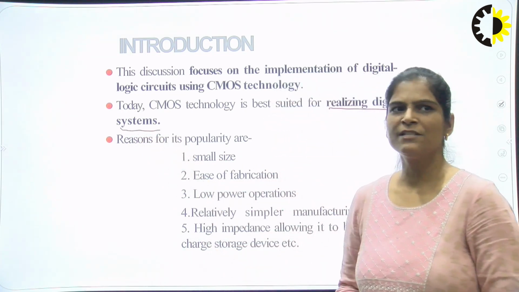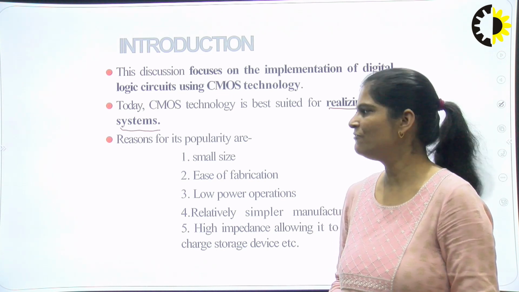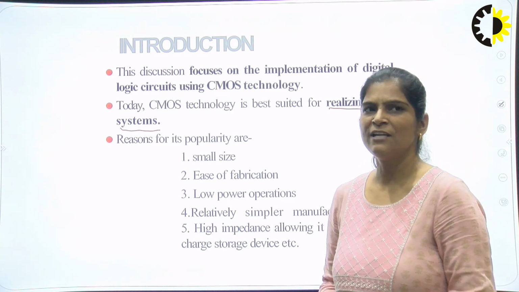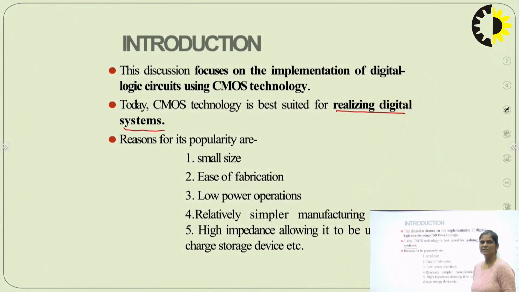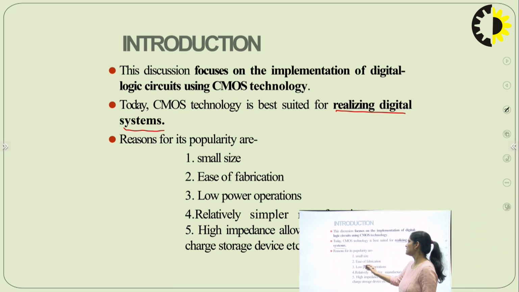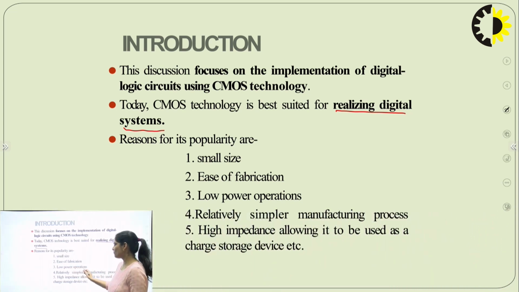The reasons are small size, ease of fabrication, low power operation, a relatively simpler manufacturing process, and high impedance, allowing it to be used as a charge storage device. So these are the reasons we use CMOS technology.